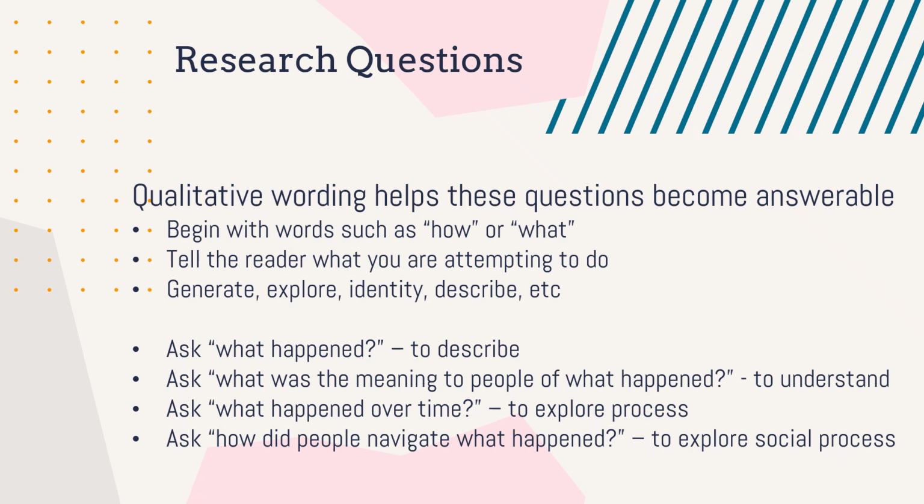You ask what was the meaning to people of what happened to understand your results. Ask what happened over time in exploring process. We also want to avoid more quantitatively driven words such as relate, influence, impact, affect, cause, mediate, or bias. Remember, we're trying to ask questions that our participants can answer.